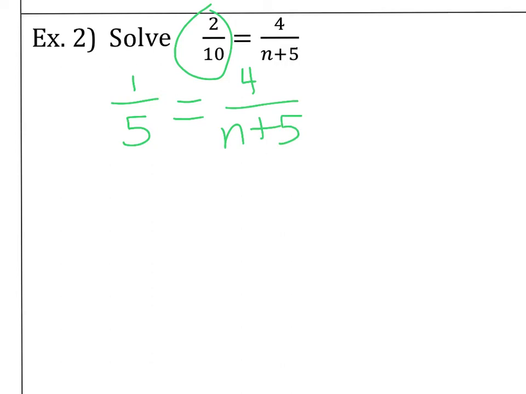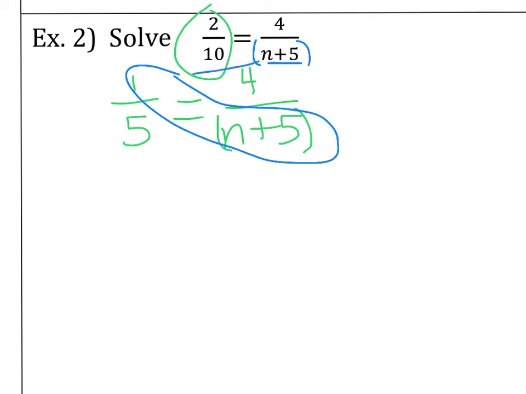Whenever you have an expression that has 2 terms or more, you want to put that in parentheses. So right up here, make sure whenever you have an expression with more than one term, put it in parentheses, because when you cross multiply, that's going to be pretty important. Now in this one, since I simplified first, it doesn't really matter.